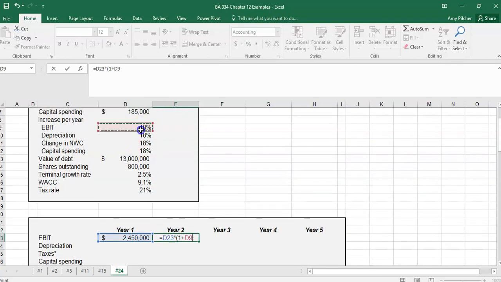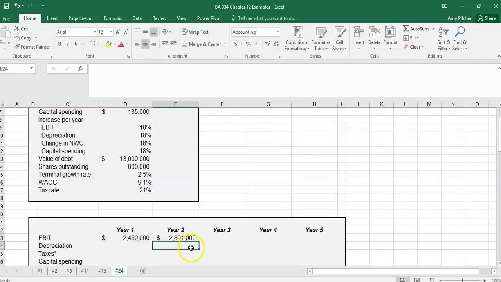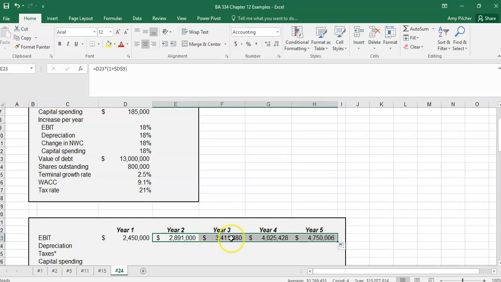So our increase in EBIT, and we can lock that cell and then copy that over because in year 3, we want year 2 times 1 plus 18% and so forth.